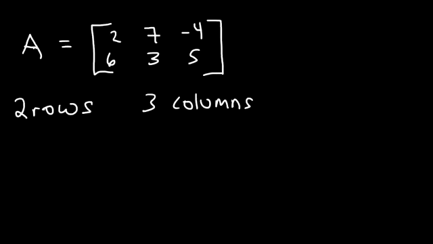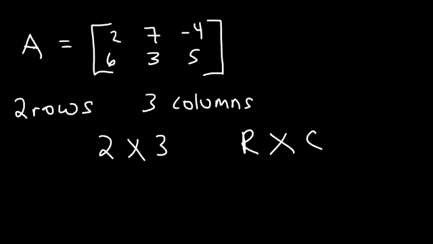The rows are horizontal, so this is the first row and this is the second row. The columns are vertical. This is the first column, second, third. So there's 2 rows and 3 columns. So this is considered a 2 by 3 matrix. The order of the matrix lists the rows first and then the number of columns.